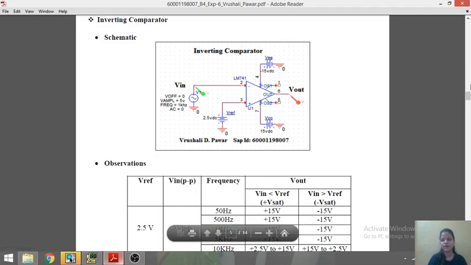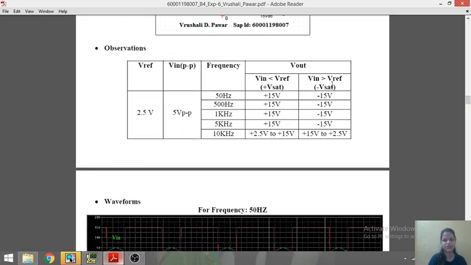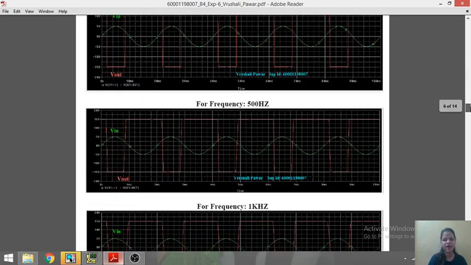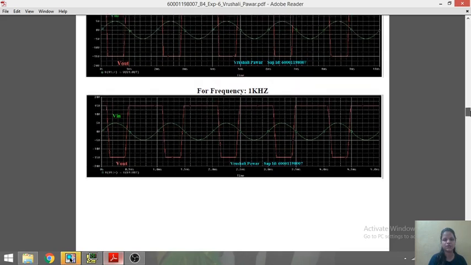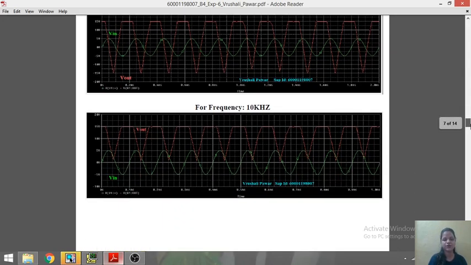So like this, for the inverting comparator I have taken various frequencies for the V out, Vset and the positive. Here, this is for the 50 Hz, this is for the 500 Hz, this is for the 1 kHz and this is for the 5 kHz. You will see that the output gets clipped, and this is for the 10 kHz.